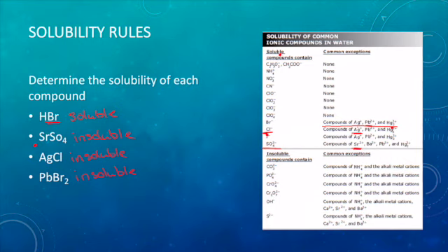So the top of the chart, these are compounds that are normally soluble in water. The first ones here, they have no exceptions. So if you see anything with NH4 or NO3, it will always be soluble. The bottom half of the chart, these compounds are normally not soluble.